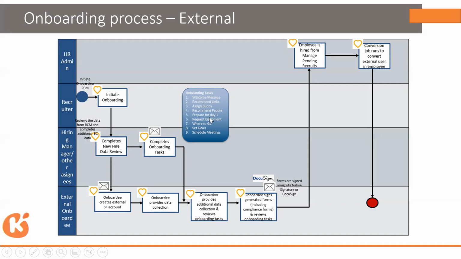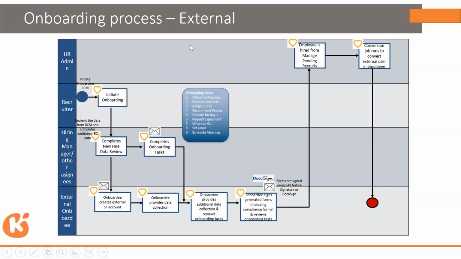Some clients will say the schedule meeting should be assigned to the manager, the welcome message will be sent by the recruiter, whereas the equipment will be taken care of by the IT team. So you should assign this task to the IT person. We can assign responsible users to the respective tasks for the respective group. But these are the standard tasks we have.